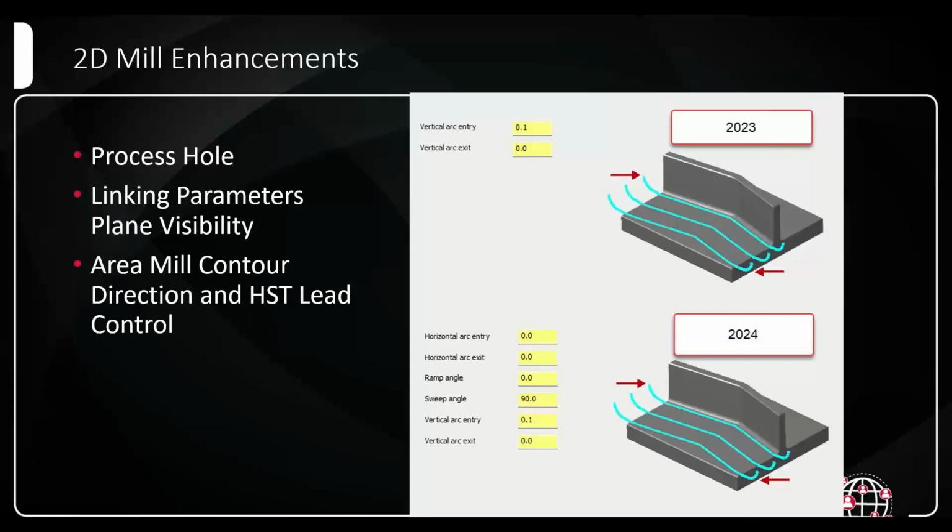The sweep angle is 90 degrees, but as long as the ramp angle is 0, then that won't matter. That way, when you open up an older file or you try to use area mill, you're not going to see any behavior by default that you haven't already seen. So that's just more added control that you will get in 2024 for area mill users.